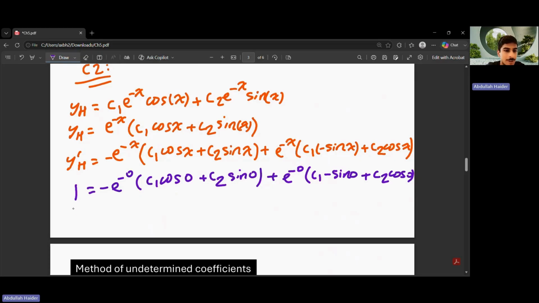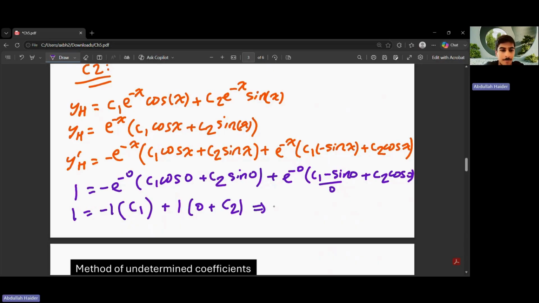So this will give us 1 is equal to, this will become negative 1. Cos 0 is 1, C1, sine 0 will be 0, plus e power negative 0 is 1. C1 times negative sine 0, this will be 0, plus C2 cos 0. C2 cos 0 means C2 times 1, which is C2.